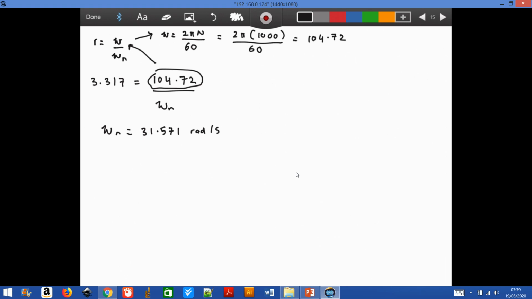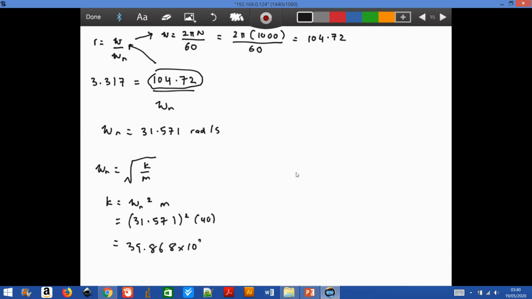Remember that we need to find the value of k. Omega n is the square root of k over m, so k is omega n squared times m, which is 31.571 to the power of 2 multiplied by 40. So we get the value of k as 39,868 Newton per meter.